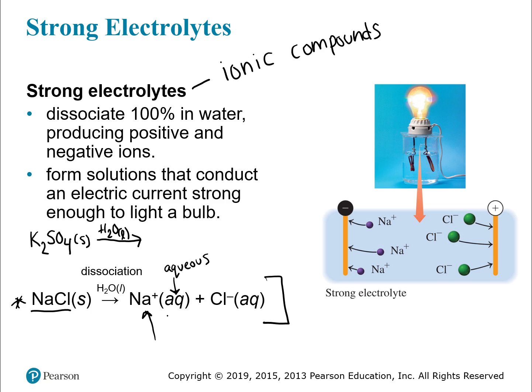Let's say that I have potassium sulfate as a solid, and I dissolved it in water. What ions would I get?